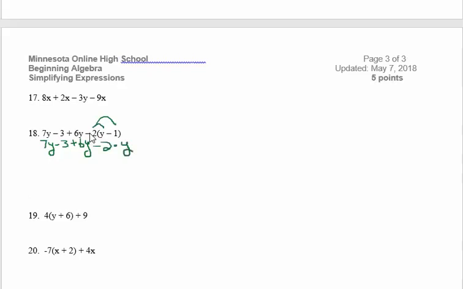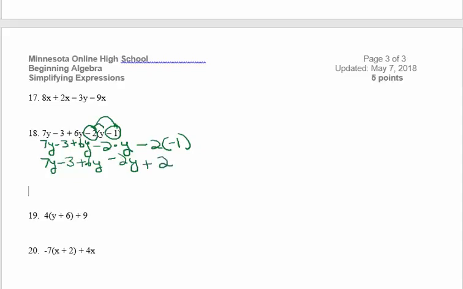And then we have, here's the tricky part, negative 2 times negative 1. And a negative times a negative is positive. So when we simplify this end part here, we're really going to get a plus 2. Because negative 2 times negative 1 is a positive 2.